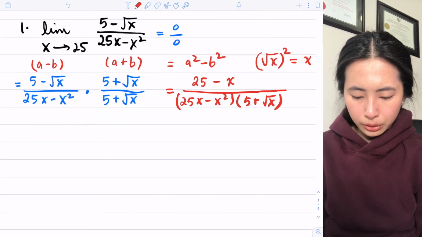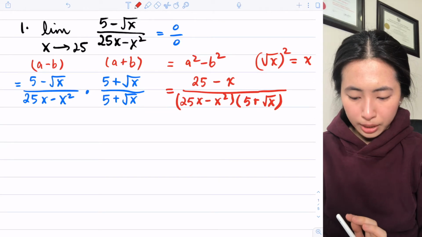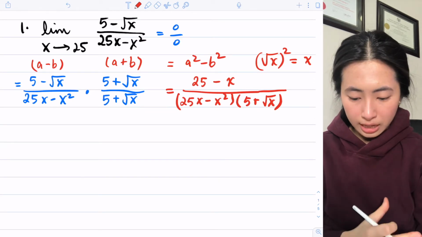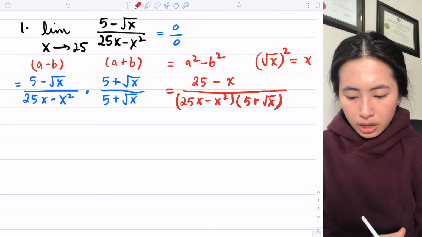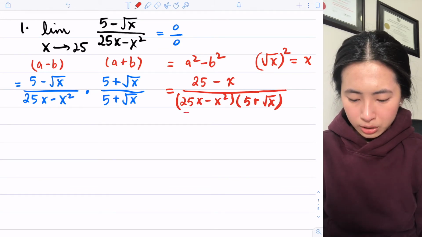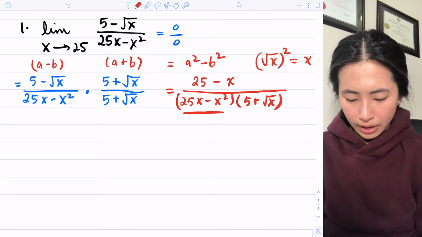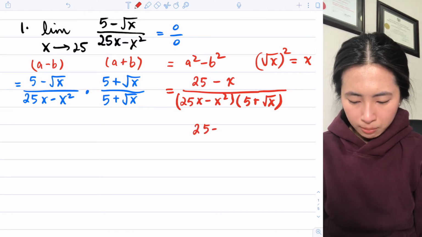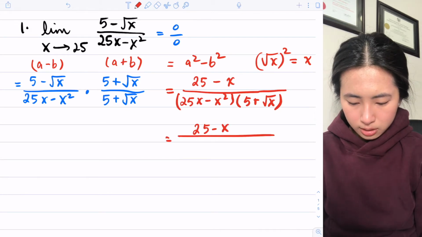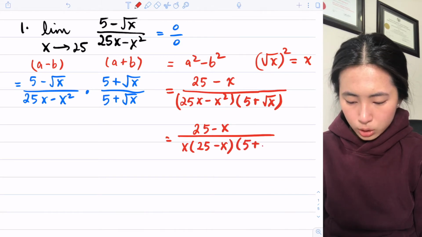And if you take a look at your numerator, you do have 25 minus x, which we can actually cancel out with our denominator because we do have a greatest common factor of x in our denominator, and specifically we're looking at 25x minus x squared. So if we were to factor out x in our denominator, we get x times 25 minus x, and this is multiplied to 5 plus square root of x.